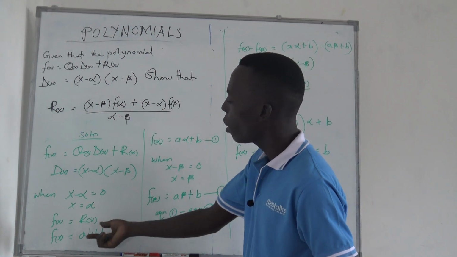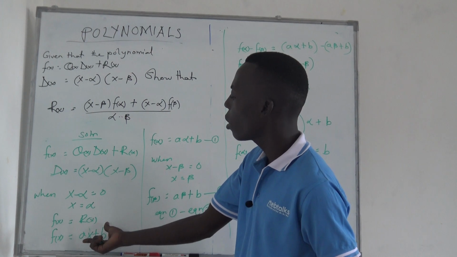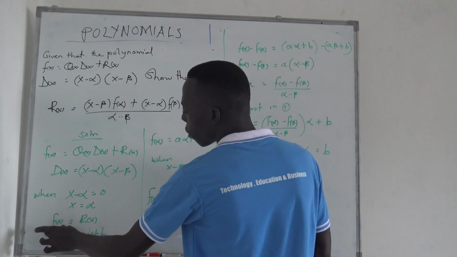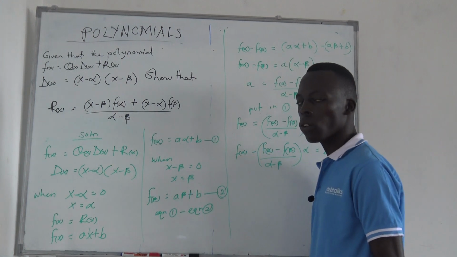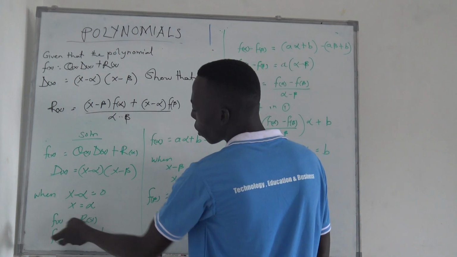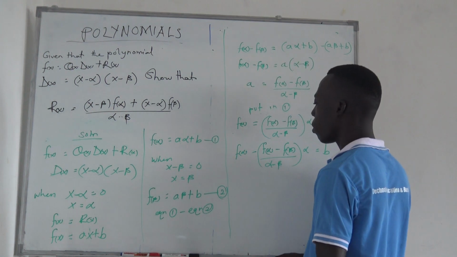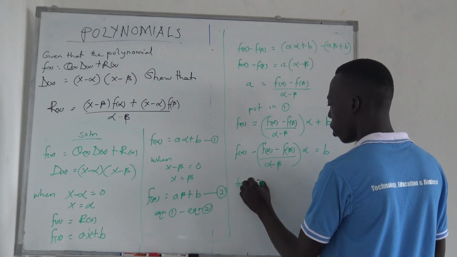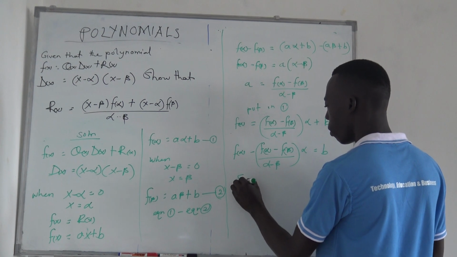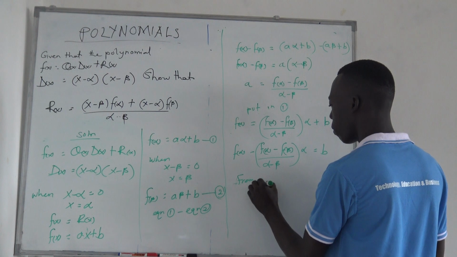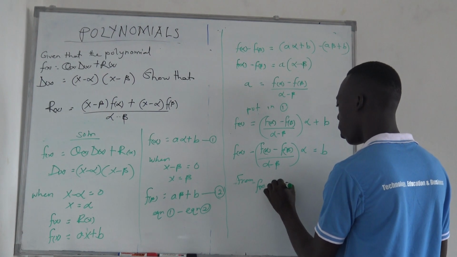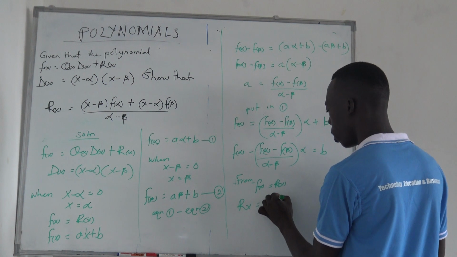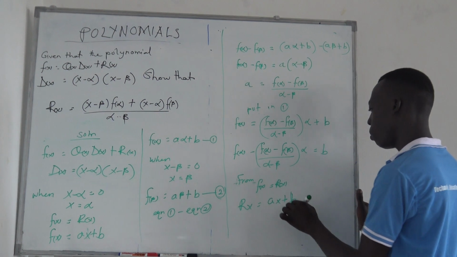The remainder is the same as the function f of x, so f of x equals r of x. That means r of x is the same as ax plus b.